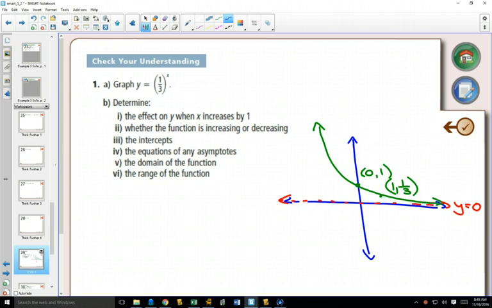So now we can describe each of these things that they're asking us. What happens to y each time we increase x by 1? Well, when we went from 0 to 1, y went from 1 to 1/3. If we go from 1 to 2, if I plug in 2, I'm going to get 1/9.